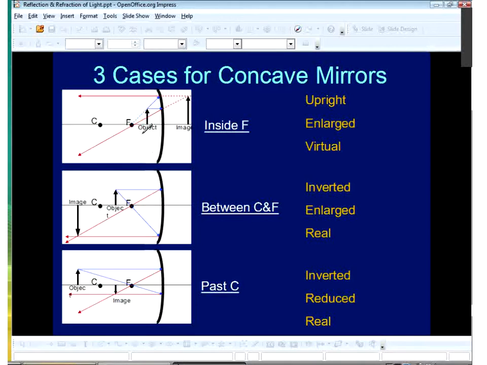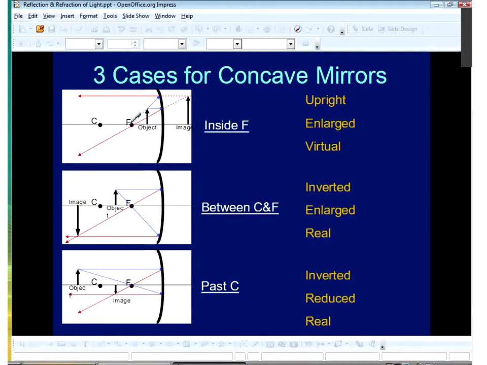Then if the object is very close, this situation came up somewhere earlier. In that case, in fact this is the only case when the image is virtual, on the right side. And not only that, it's the only case when the image is upright. Otherwise, in all other cases, the image is inverted.